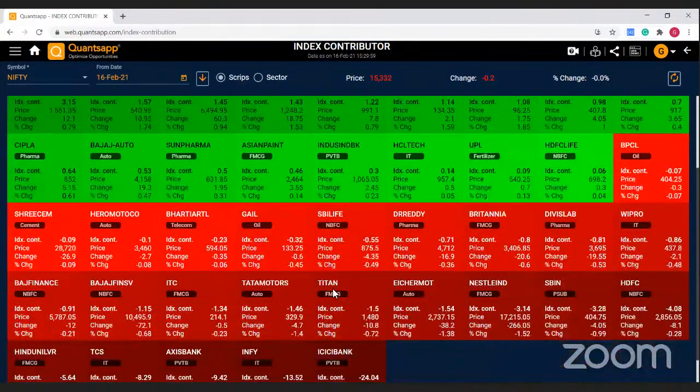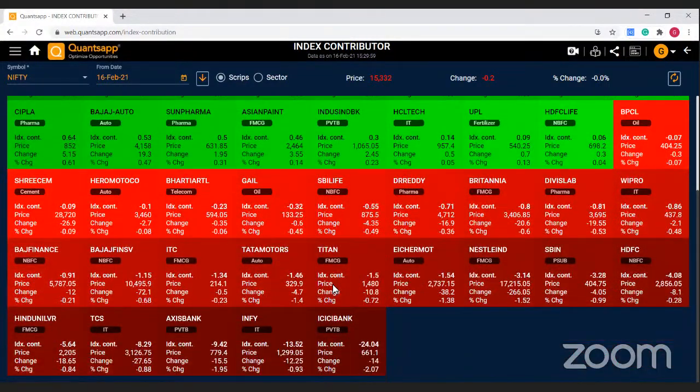And if you look at red, it tells me this stock is in a negative tone, the stock had a decline on the particular day, and it's contributing negatively to the index. So this is the point you should look at, and you can see how much a particular stock is contributing to the index.